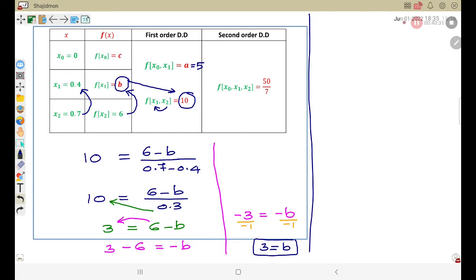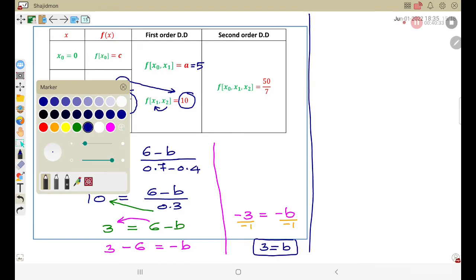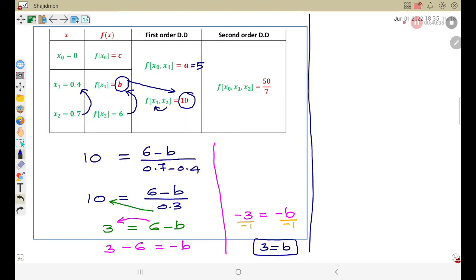Now we are going to the third part of the question. That is, we need to calculate the c number now. c number, correct? So c number means this number. Where are we starting? Starting from here, 5, correct? a number. So 5 equals, how are we getting that 5 number? b minus c, this number minus this number, correct? b we already know, b is 3.